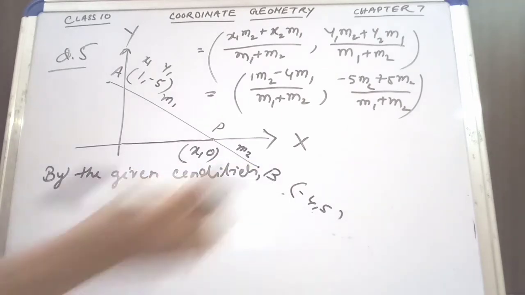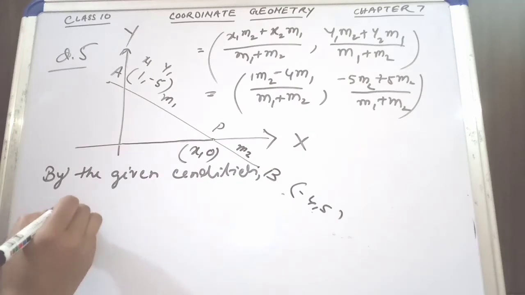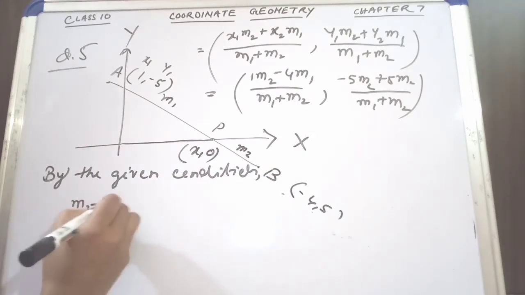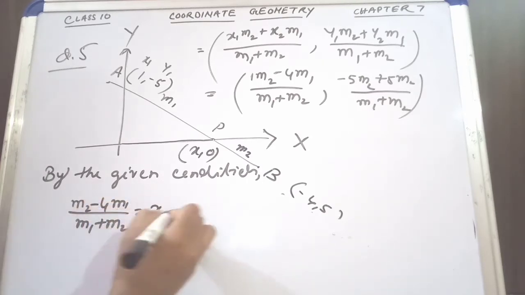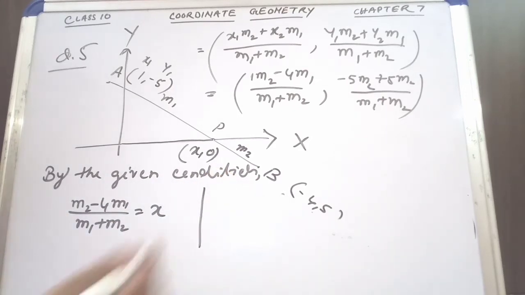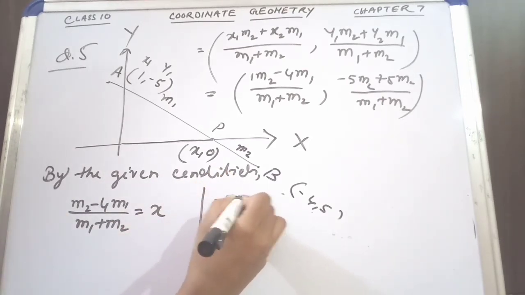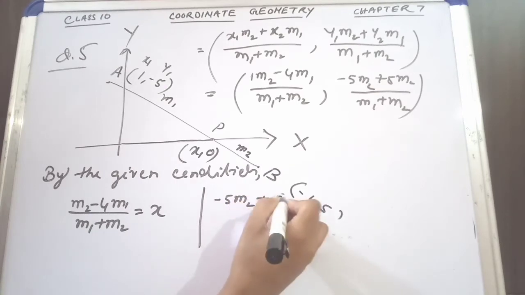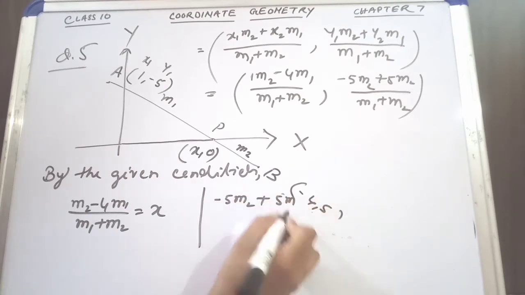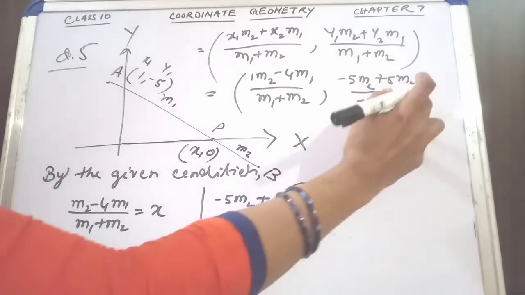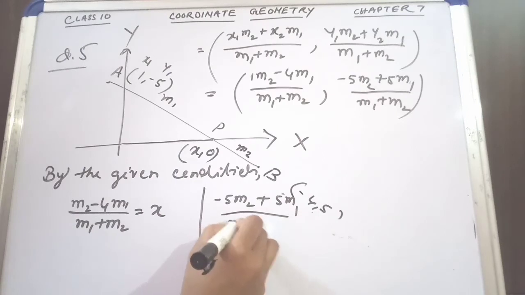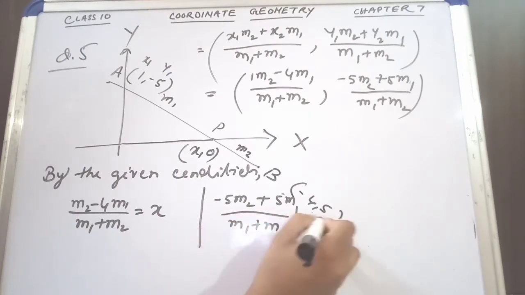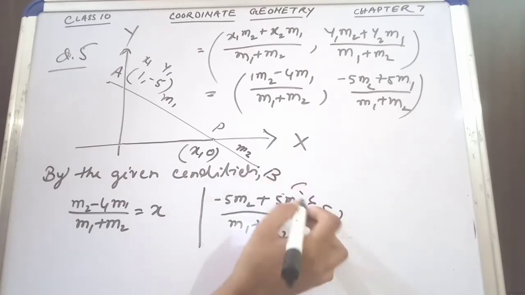By the given condition, this is equal to this. That means m2 minus 4m1 by m1 plus m2 is equal to x, and minus 5m2 plus 5m1 upon m1 plus m2 is equal to 0.